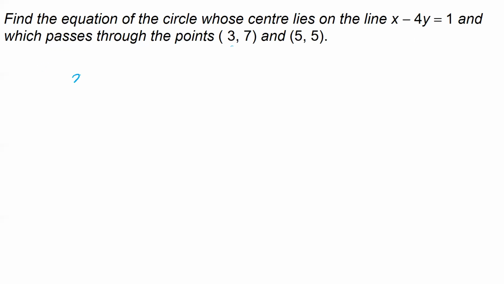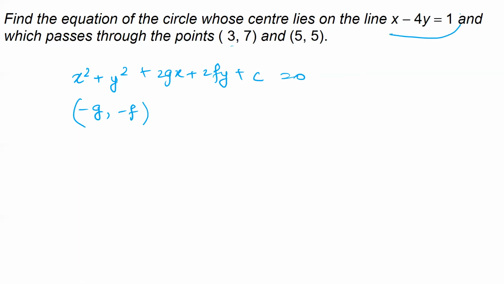So let's assume that the equation of our required circle is x square plus y square plus 2gx plus 2fy plus c is equal to 0. So I know that my center over here is (-g, -f). This I know. And the question says that the center lies on this line, right? So that means my center will satisfy this equation.